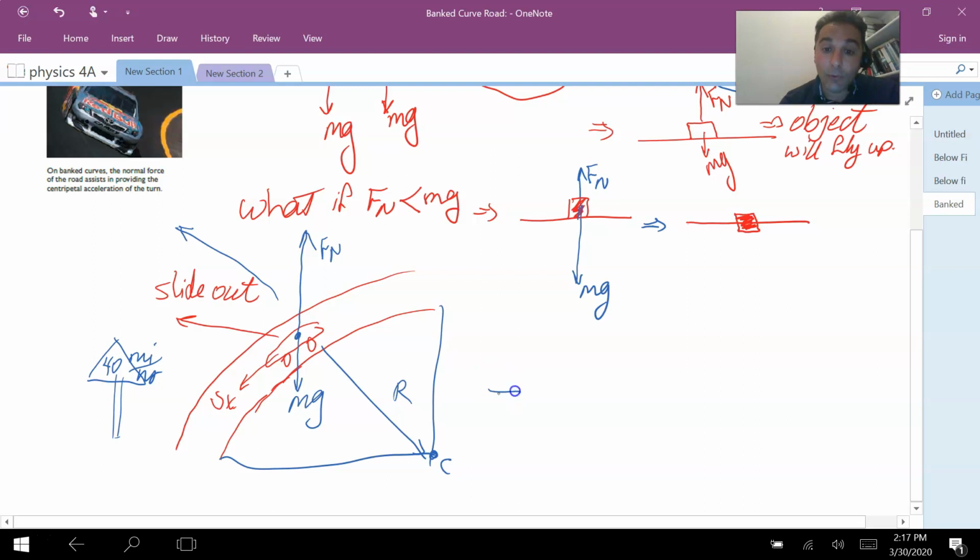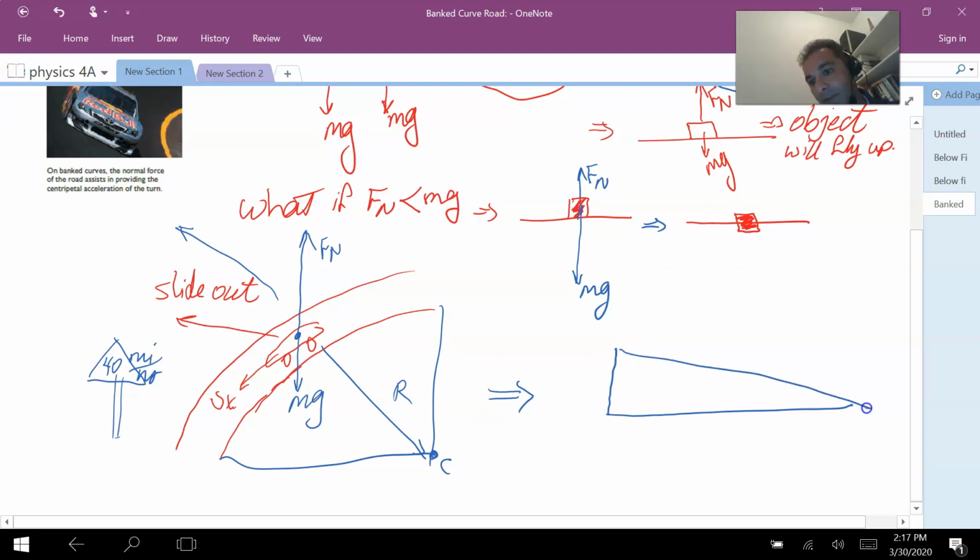Now, if we want to prevent the car from sliding out, what do we have to do? Pay attention. Imagine, guys, that this is part of the curve, and here what I have, this is theta, and this section is the curve, correct?